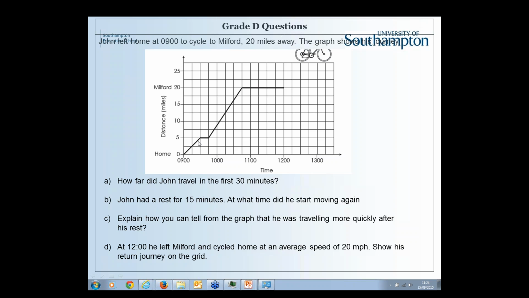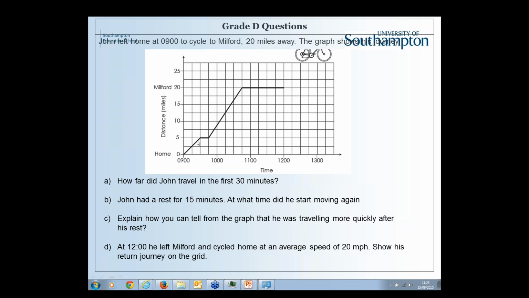However, his total distance, so he's done 20 miles out and then 20 miles back, so his total distance is 40 miles, which is again another question that might be asked. And calculating the gradients, because as you said, the steepness of the graph tells us how quickly they're going, because that is the speed. So the 5 divided by the change in y over the change in x gives us the gradient.